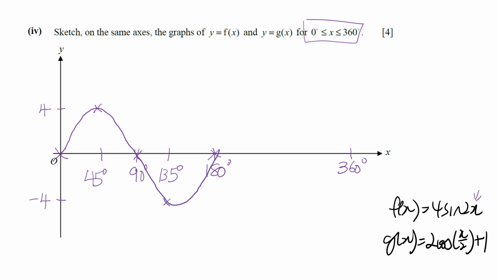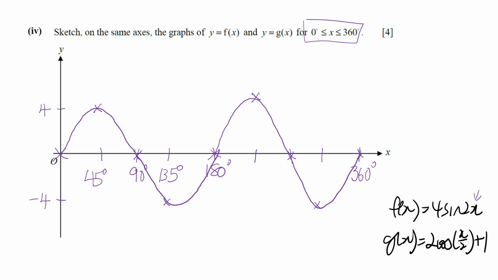Because you're supposed to sketch until 360, we need another cycle. So another 4 quadrants, 1, 2, 3, 4. Right, so the cycle repeats itself. It's important to write down these values here.